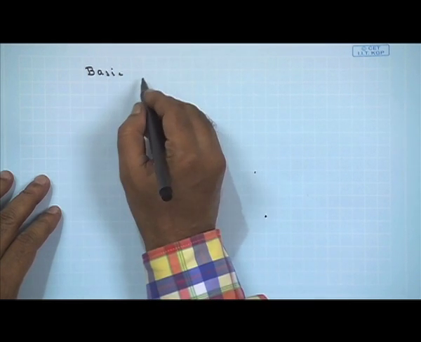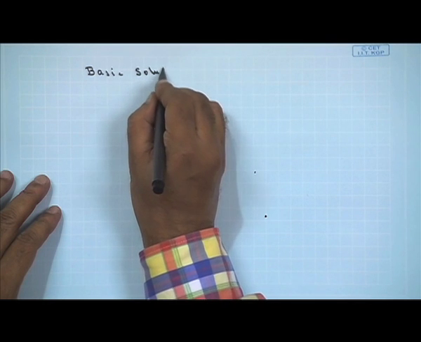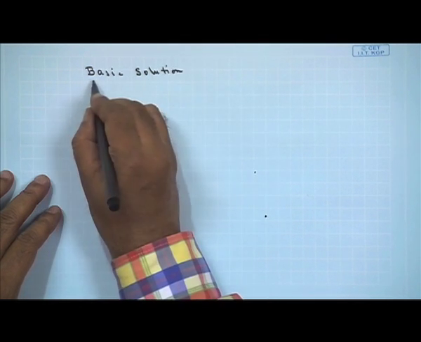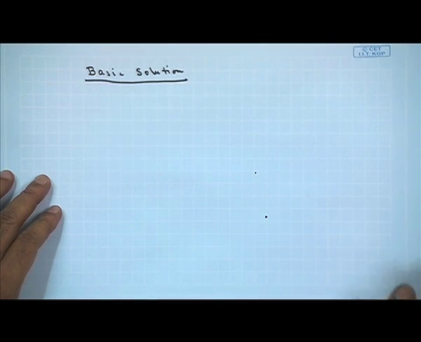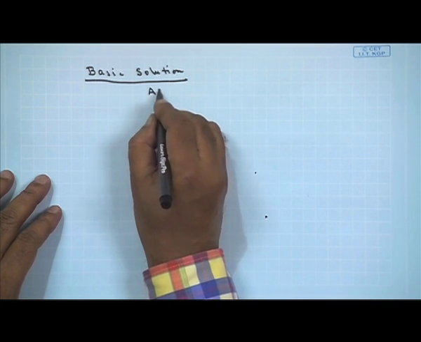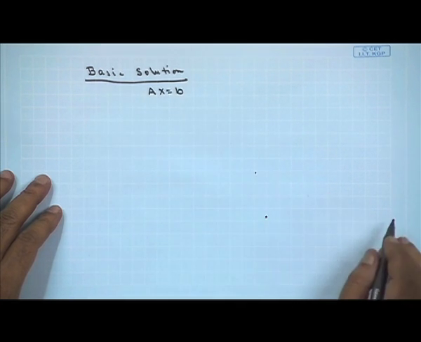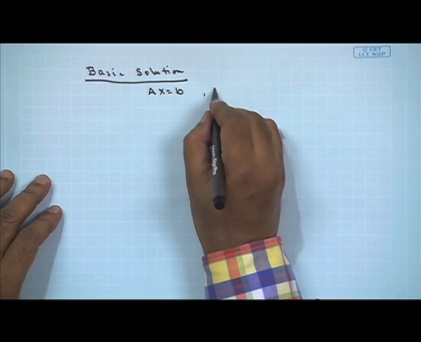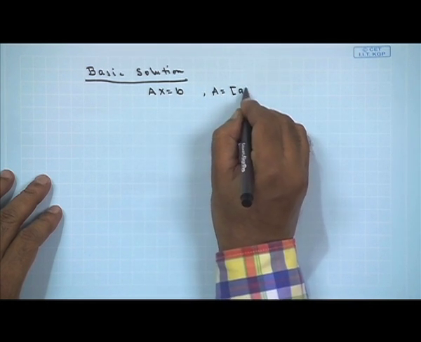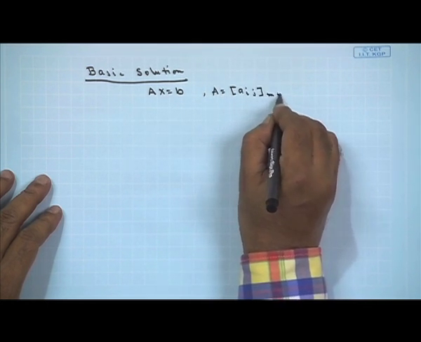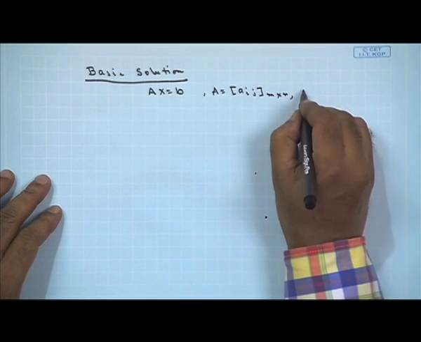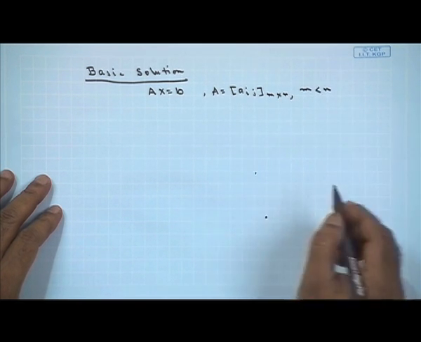This one also I think I have discussed, the basic solution. What is the basic solution? If you have a system of simultaneous equations A x equals b, where A equals Aij, this is an m cross n matrix, and m is less than n.